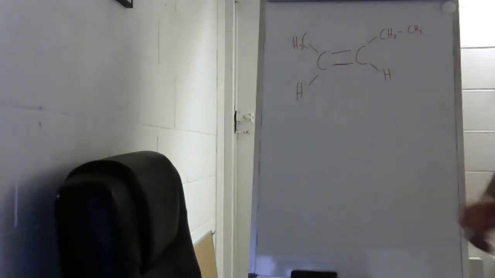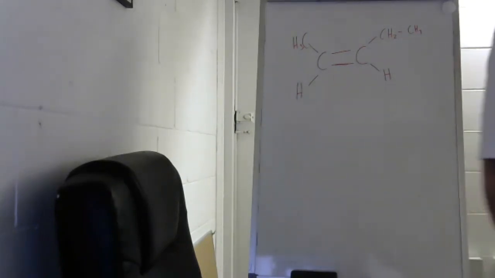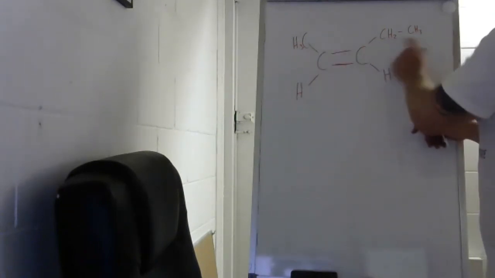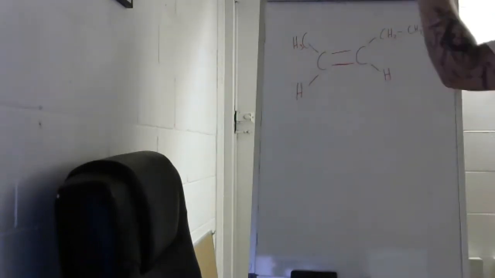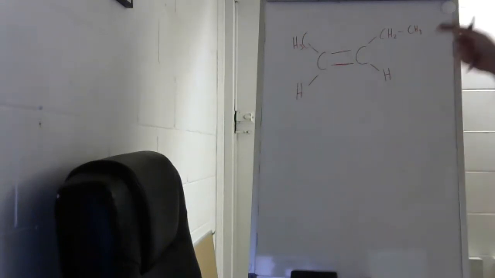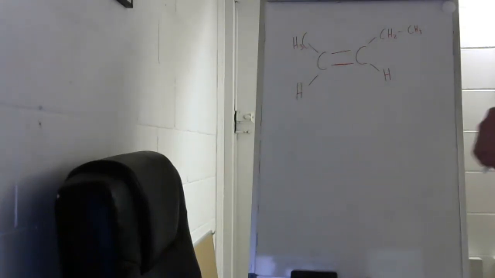So you'll notice that I've written this differently again. Most students have a teacher, and your teacher will teach you with one way of drawing it. It may be with the shorthand, with the lines and the points on them, or it might be the way that I normally do it, where you draw out the whole molecule. We'll be using all three ways intermittently through this so that you get used to it.